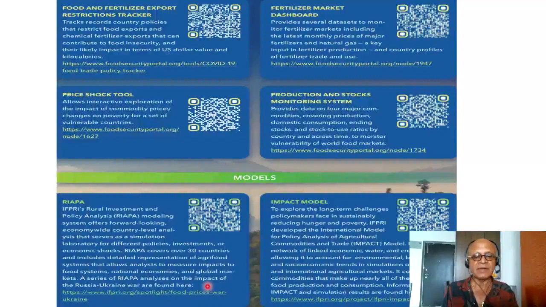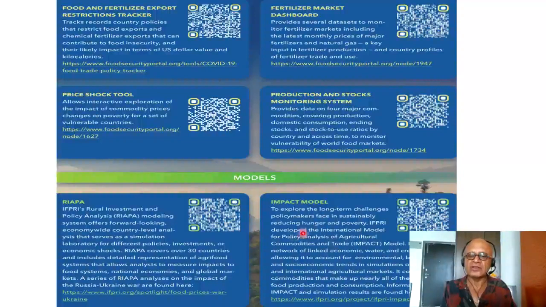A series of RIAPA analyses on the impact of the Russia-Ukraine war are found here. Okay, so the Russia-Ukraine war is dragging on. Already that has been included in the RIAPA analysis, which is really useful for many countries which are affected either by energy markets or by food markets, fertilizer availability, and so on.